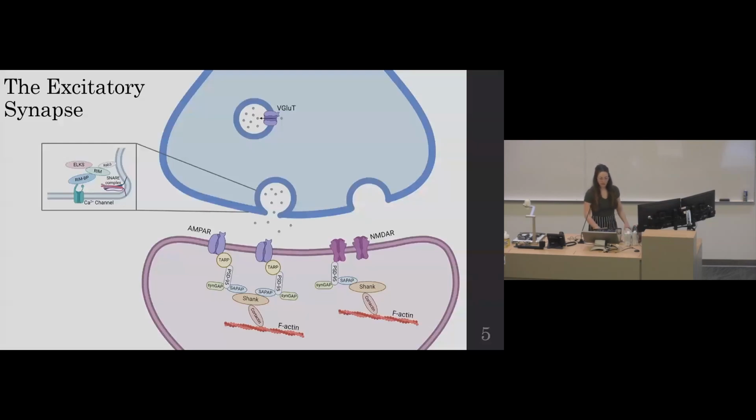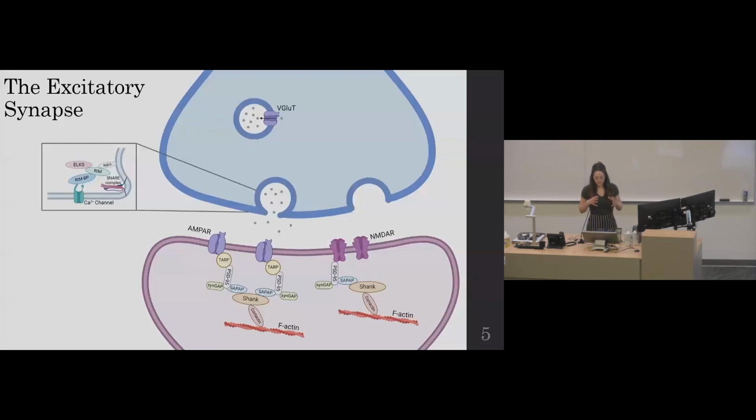These include, but are not limited to, all of the proteins that you can see on this diagram here. This is an extremely simplified version of the excitatory synapse. In reality, there are thousands of these postsynaptic density proteins that are all important in the function of the synapse, but these are the ones that I have chosen to focus on.